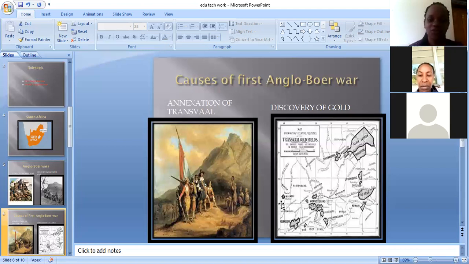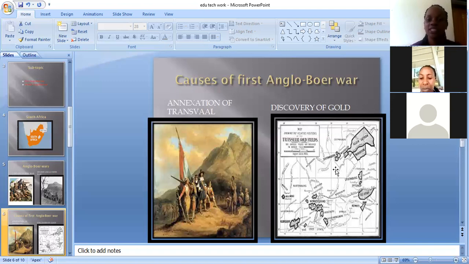Okay, thank you. They wanted to annex Transvaal because they had discovered different treasures in Transvaal, and one of the treasures was gold, which they thought they could earn more from to develop their economic status.